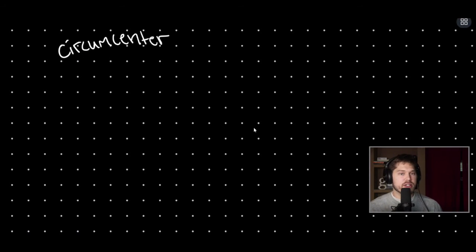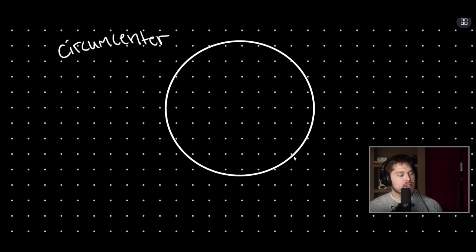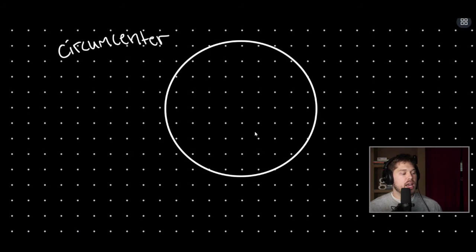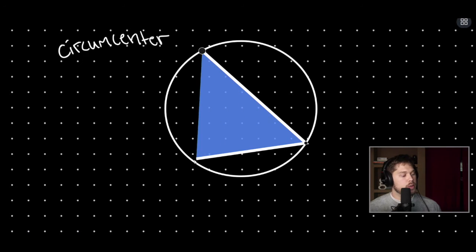Now, a circumcenter is interesting in the fact that it is described to be the center point of a circle that circumscribes a triangle. And so it's kind of the opposite of the incenter. So a circumscribed circle is such that it's like this.